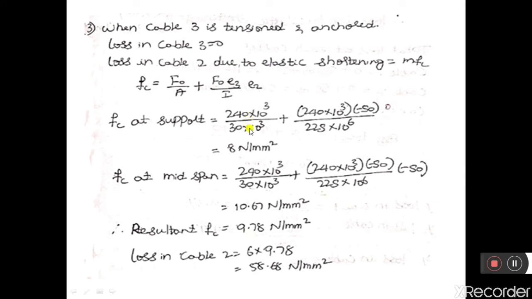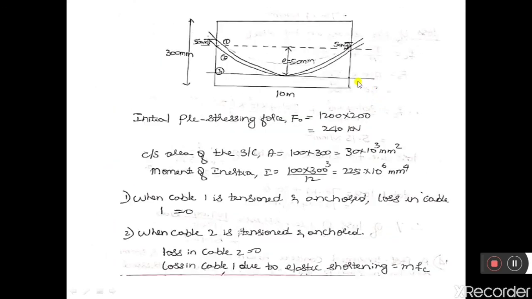We have calculated the cross section area, F naught, and this I, and E3, the eccentricity of cable 3 at the support, is 50 mm, that is minus 50 mm, and eccentricity of cable 2 at support is 0. So this term vanishes, therefore Fc at support is equal to 8 Newton per mm square.